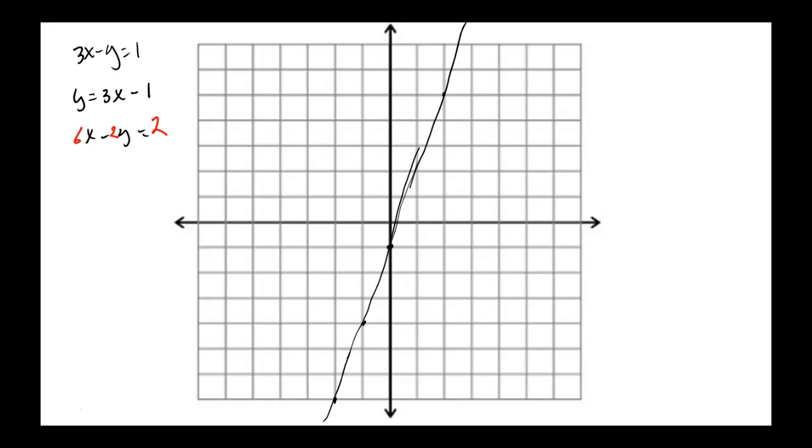Factor out a 2, and that gives you 3x minus y equals 1. And what do you notice there?